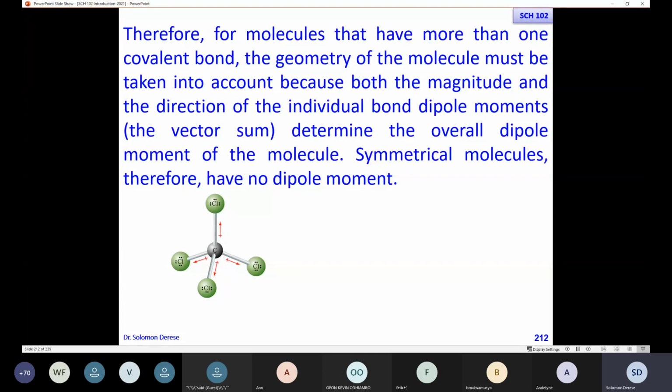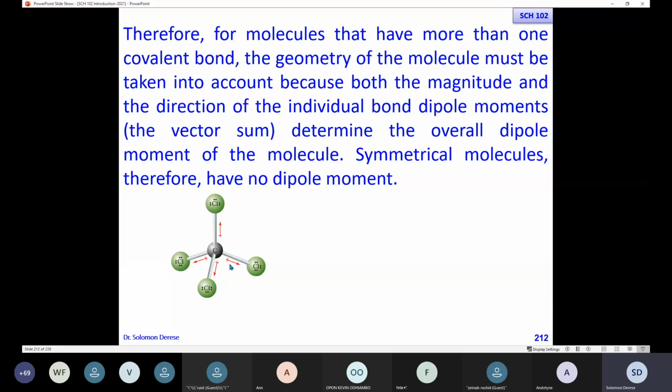And then when you look at each of the carbon-chlorine bonds individually, chlorine is more electronegative than carbon. So the bond is polarized, and we show the polarization of the bond using a crossed arrow that points from the less electronegative atom, carbon, towards the chlorine. So we have these 4 bond moments.